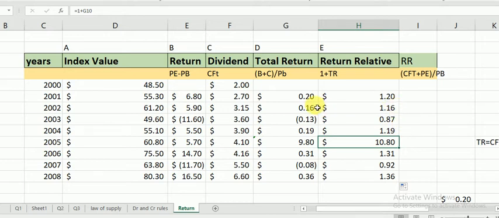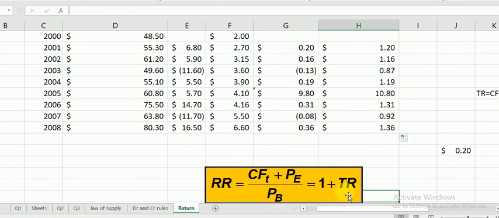So how can we interpret these returns relative? We are comparing all the values in the returns relative with the standard one. Look at here, I will write here: we are comparing all the values with the standard one.